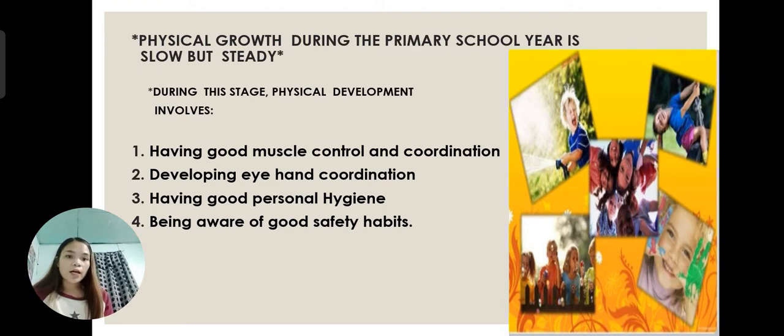Then, ikaduha, developing eye-hand coordination. When we say eye-hand coordination, na-develop na siya between 6 to 9 years old, when the child is just beginning to cut things together. And eye-hand coordination problems are usually presented as a lack of skills, for example, in drawing and writing.